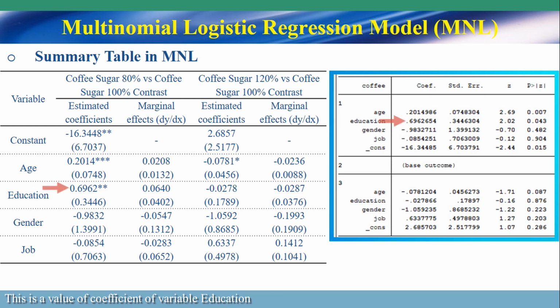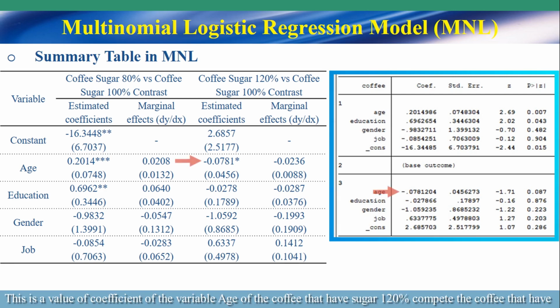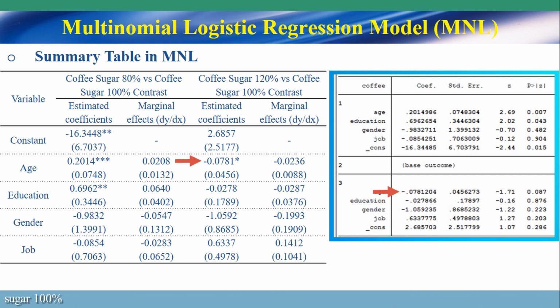This is a value of coefficient of variable education, and this is a value of standard error on variable education. This is a value of coefficient of the variable age of the coffee that has sugar 120% compared with the coffee that has sugar 100%. And this is a value of standard error.